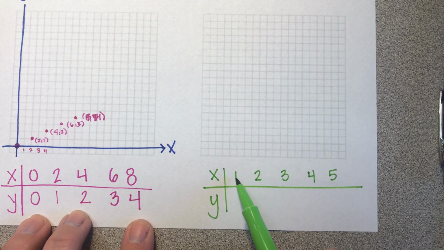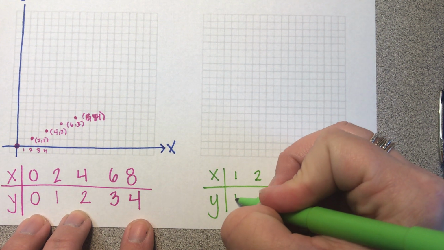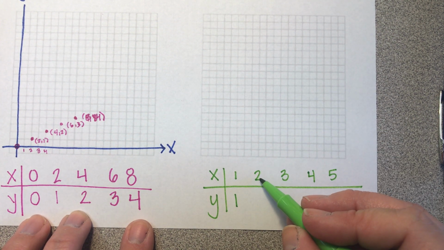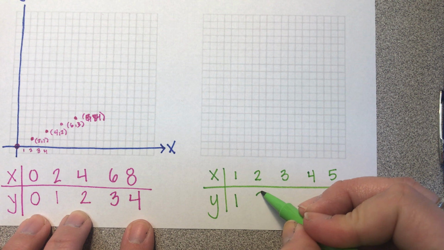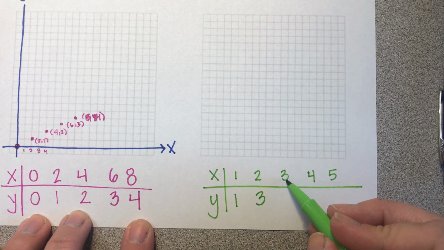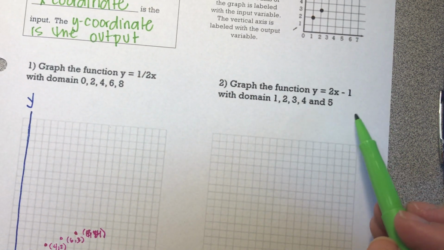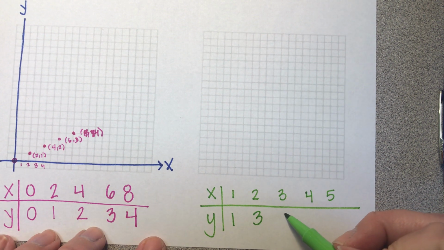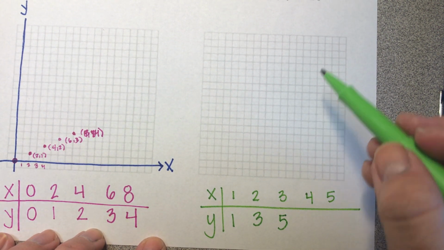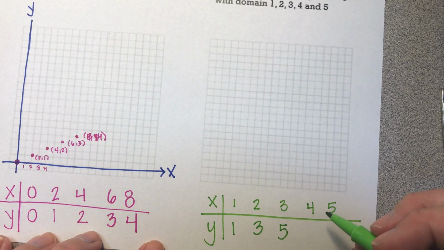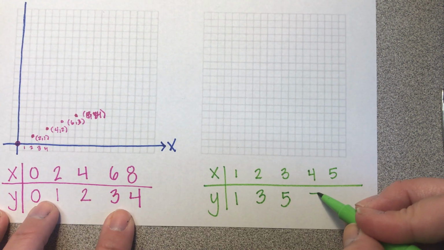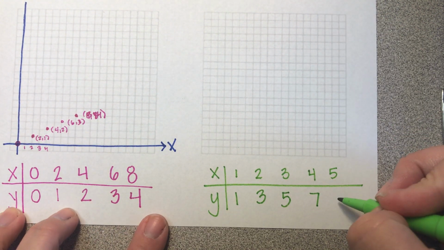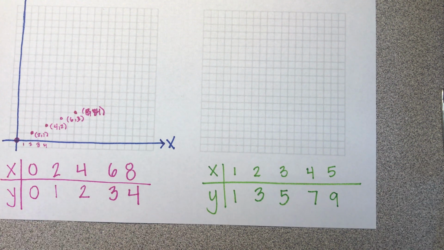So 2 times 1 is 2, minus 1 is 1. 2 times 2 is 4, minus 1 is 3. 2 times 3 is 6, minus 1 is 5. 2 times 4 is 8, minus 1 is 7, and then 2 times 5 is 10, minus 1 is 9.